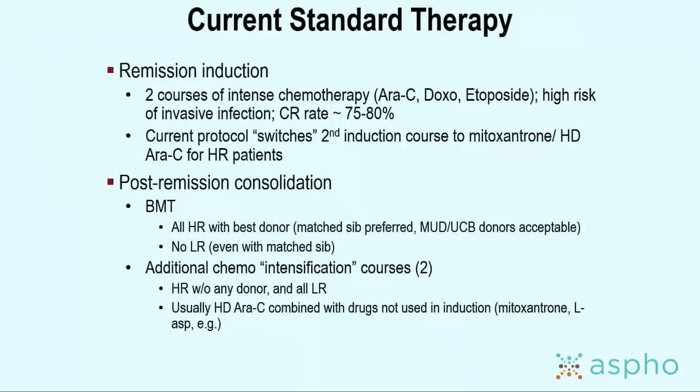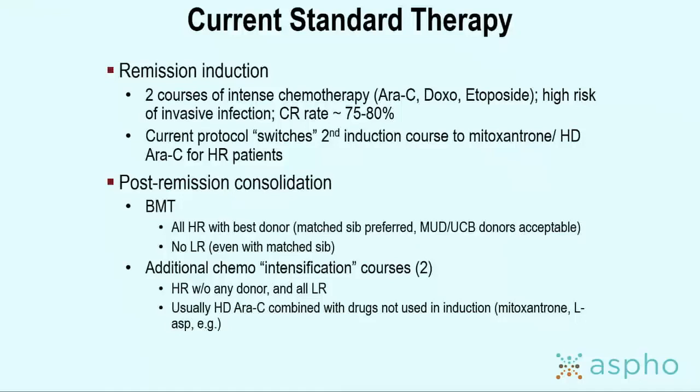And then no low risk patients are typically offered transplant in first remission, even if there is a matched sibling. That's a difference in practice over time, and that's the most typical approach to using transplant in AML.